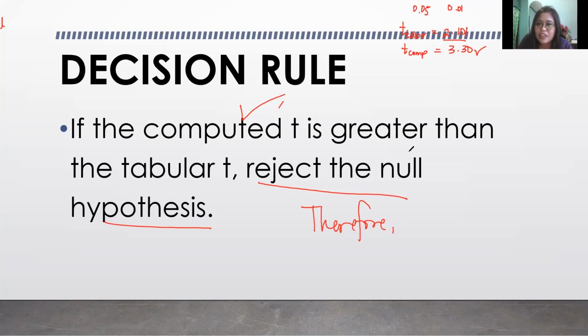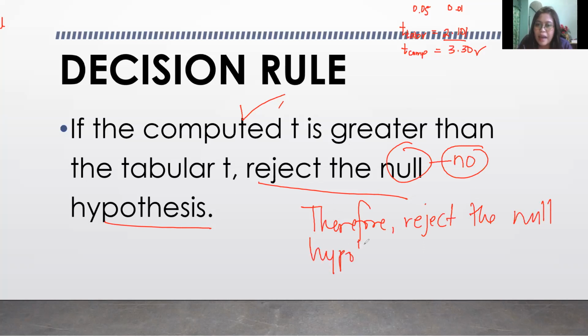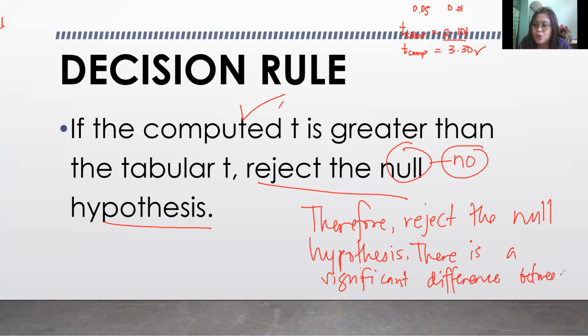So for our decision, therefore, reject the null hypothesis. Our alternative hypothesis is correct, which says there is a significant difference between the two. I won't write it anymore.